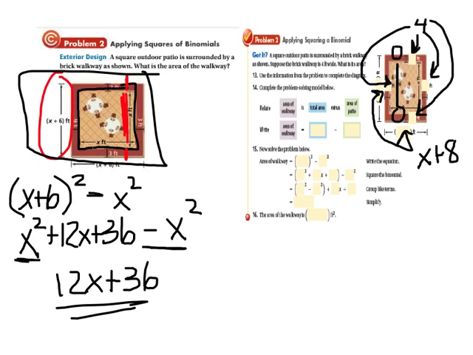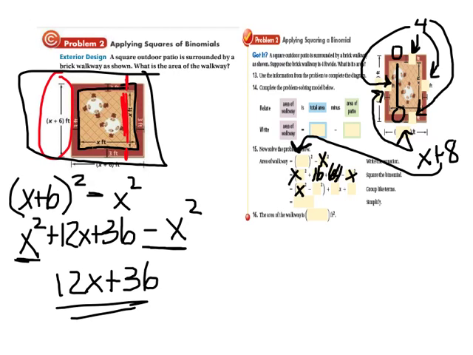So if I did x plus 8 squared, so x plus 8 is going inside here, minus the x squared of the patio itself, then we would simplify and we have x squared plus 16x because there's 2 of them, plus 64 because that's 8 squared, minus our x squared.